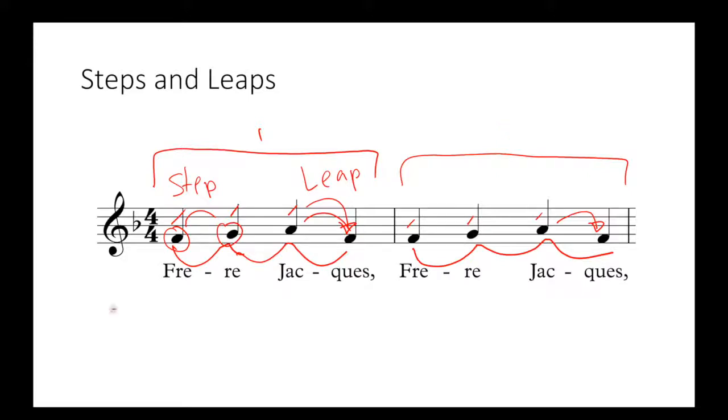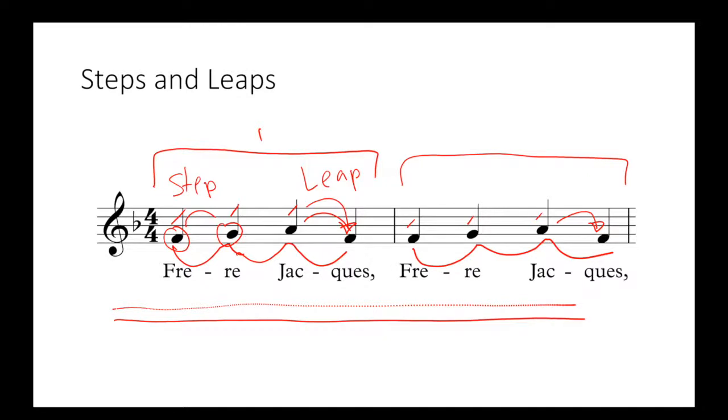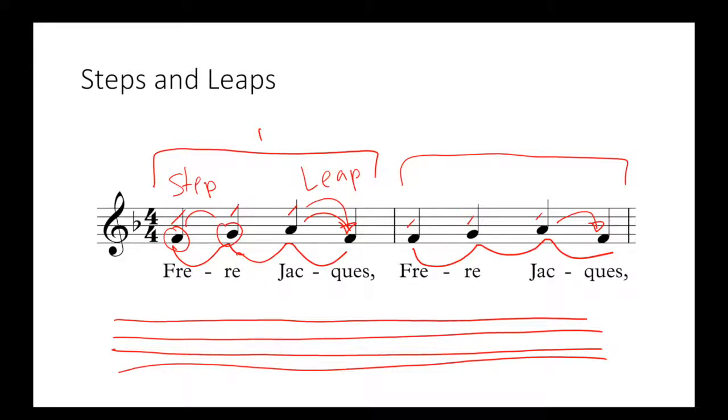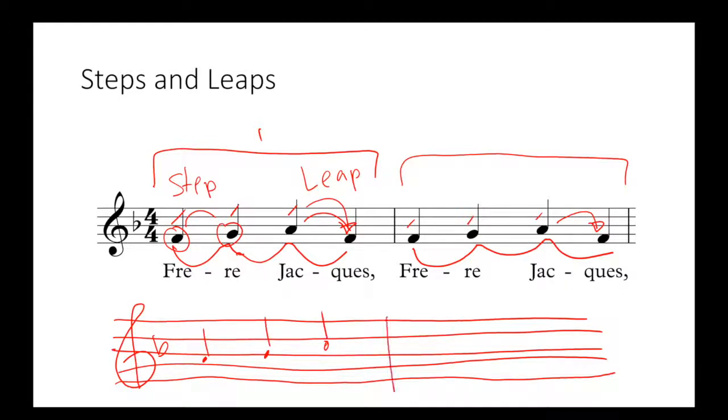Then if we were to go on after that, drawing a very crude little treble clef here, we would see that the next thing the melody does is that it goes up and does the same thing a few steps higher.